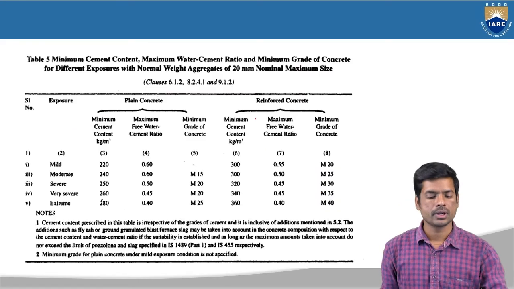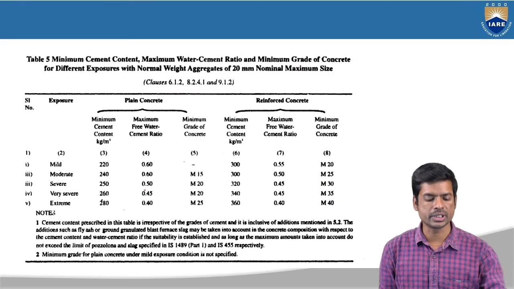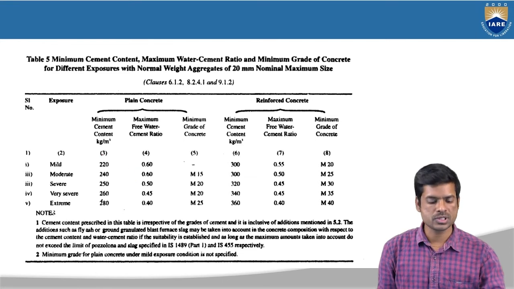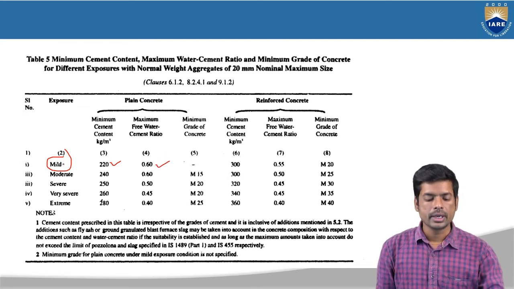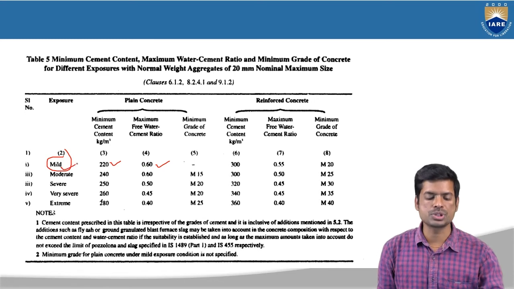And here in this table you can observe the different water cement ratios for different environment conditions. Suppose you have mild exposure of concrete to the environment, there the minimum cement content is 220, and the water cement ratio is 0.6. So when you have mild exposure, we have to use 220 kg per meter cube.